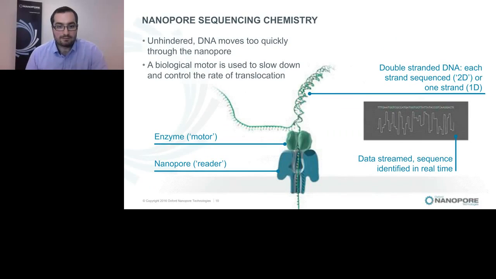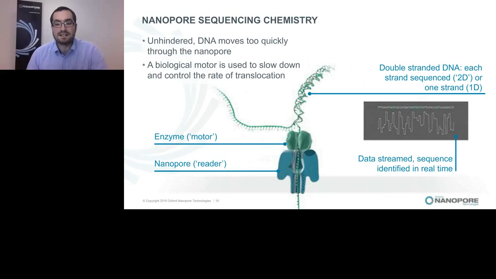So there are 3 essential components in nanopore sequencing. I've talked about the pore itself and the membrane in which the nanopore sits, but I want to talk a bit about the motor protein, which is the third important part. I talked in the previous slide about the need for the DNA to move 1 base at a time through the nanopore so that we can work out what the sequence is.